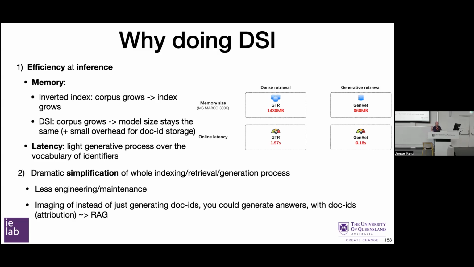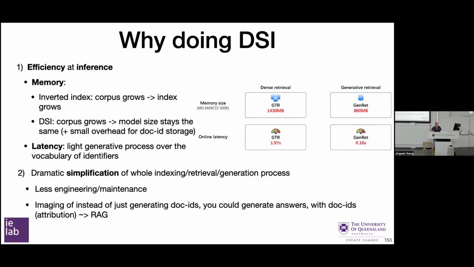But with models like the ESSIR, your model doesn't grow. The model is fixed in terms of the number of parameters, so it's highly scalable. There is some small amount of overhead, as I mentioned before, because of your doc ID storage.